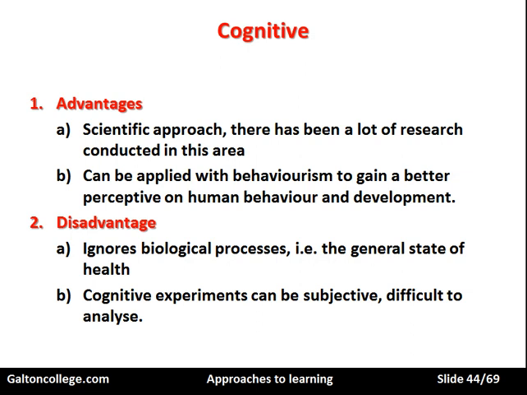Someone else may look at it differently. Well, if it's not clear-cut, if it is ambiguous, then it is interpreted subjectively. So this type of experimentation and this type of work has to be done very carefully.